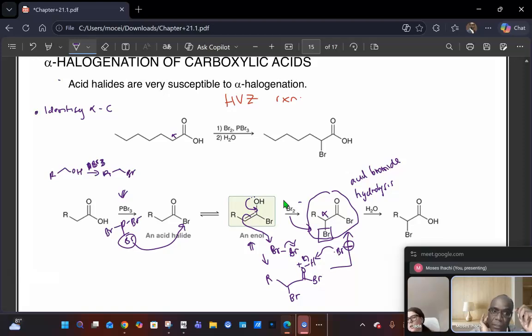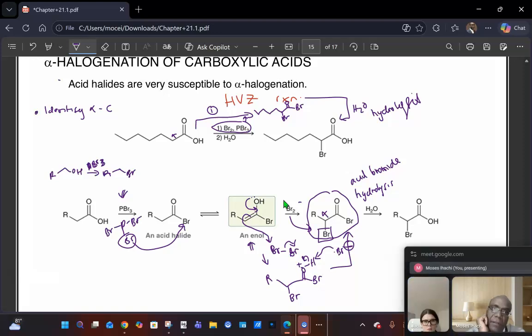So if you're just doing step one, this molecule is going to make this, and then this will be converted by water. No, it hydrolyzes the acid bromide, takes the Br away and puts OH.